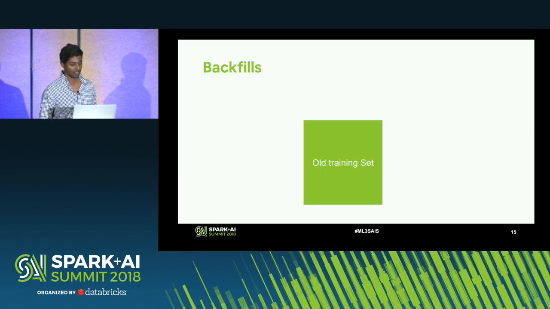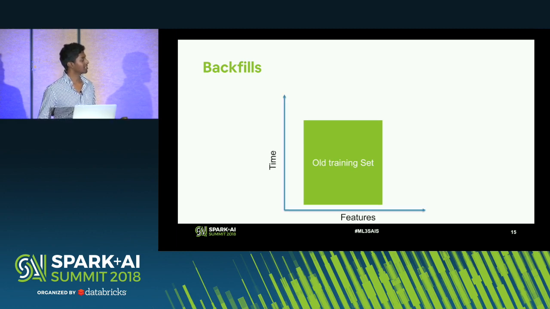Right. So let's talk about backfills. Let's say you have this new feature set idea, and you want to add a couple new features, right? You don't want to discard your old training set that you computed. You want to efficiently reuse what you have there, right? So training sets don't really look like a green rectangular blob. So a bit more explanation here.